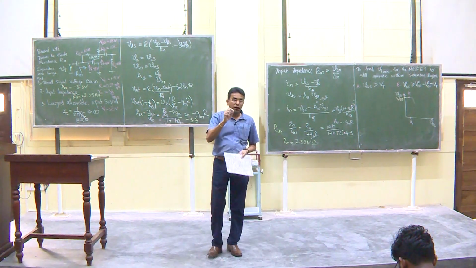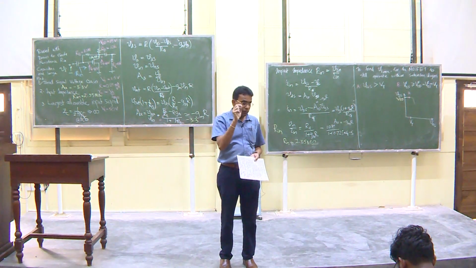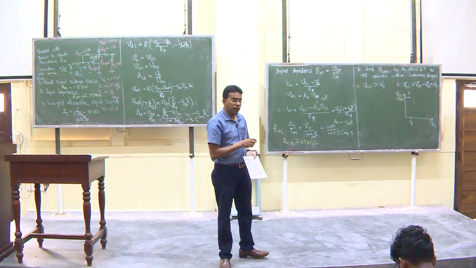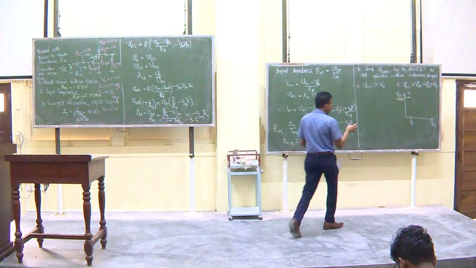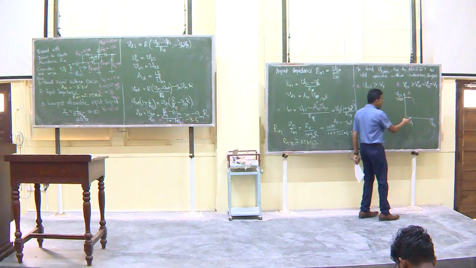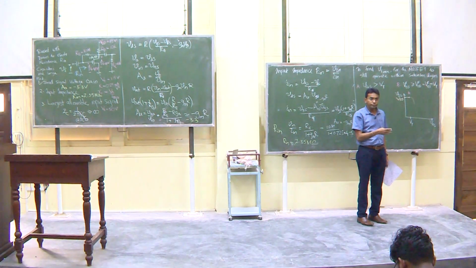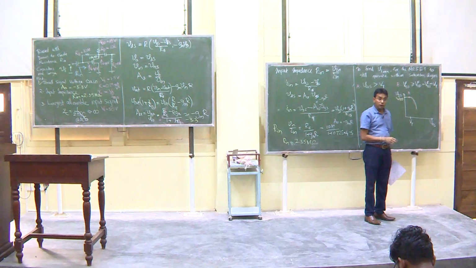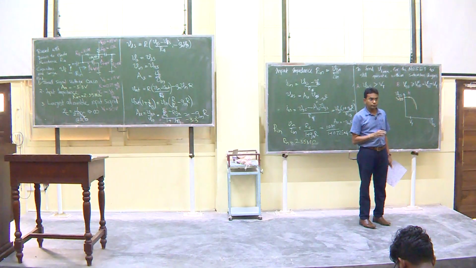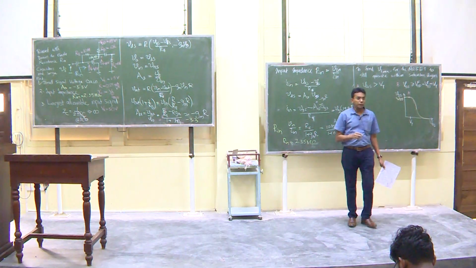VDS is equal to VDD minus IDRD, and ID is related to the square of the V overdrive. The voltage from here on is the overdrive. So this section is something like one minus squared, so it goes like a quadratic equation, and then after a while it goes into the triode region. In the triode region, something like this will happen.